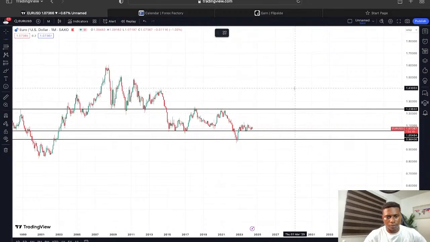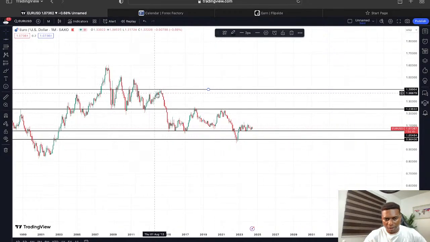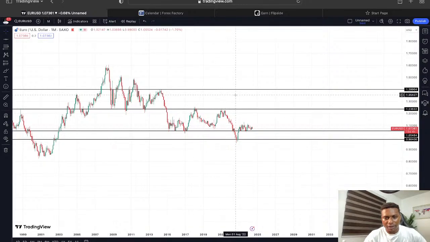These levels here are levels of resistance. This level is a level of resistance and previously a level of support. As you can see, it acted as a level of support here, and now it's currently acting as a level of resistance. All right.